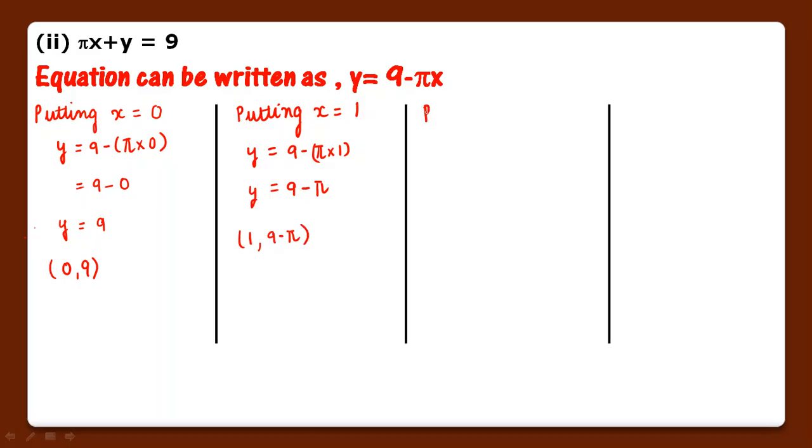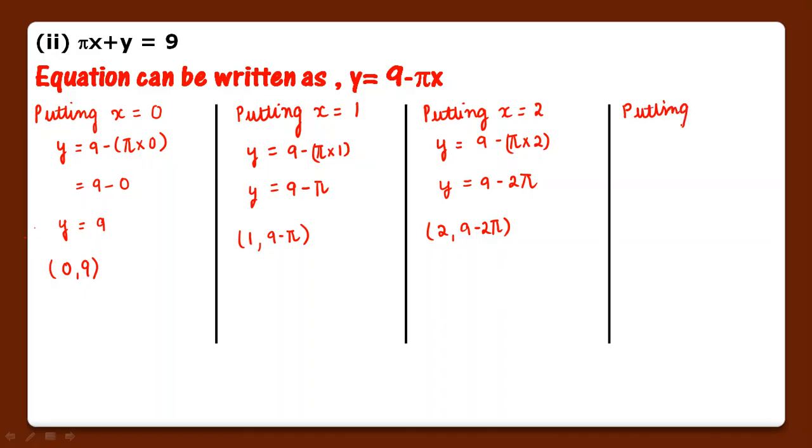Now putting x equals 2 here, y equals 9 minus pi into 2, 9 minus 2 pi. So we have got our third solution, 2, 9 minus 2 pi. Putting x equals 3 now, y equals 9 minus pi into 3, y equals 9 minus 3 pi.